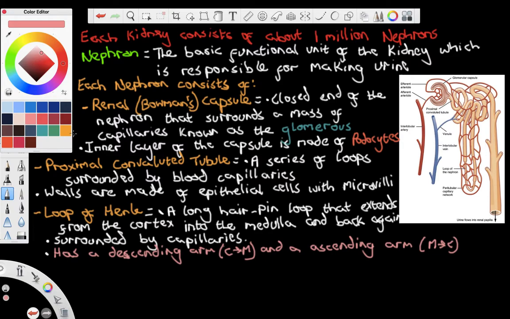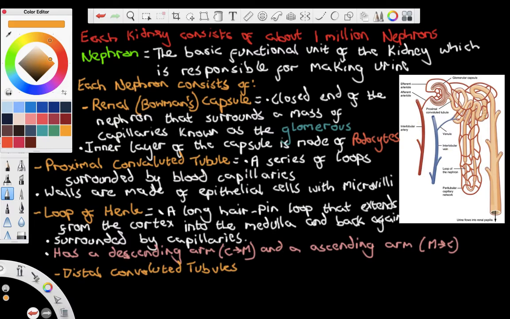After this, we've got the distal convoluted tubules. Now the word distal means far from or further from.